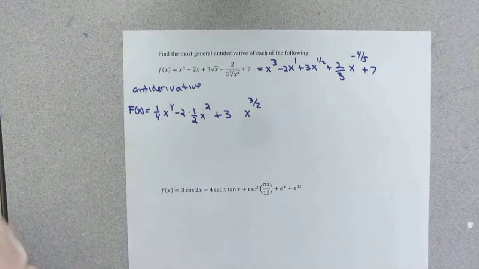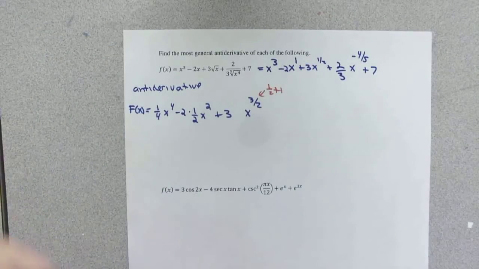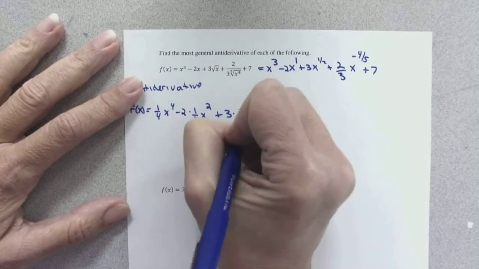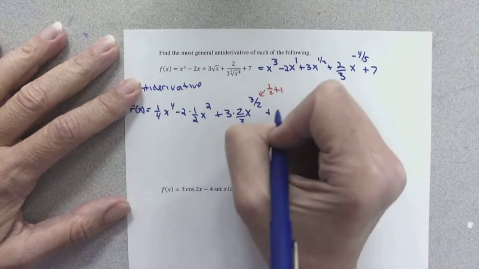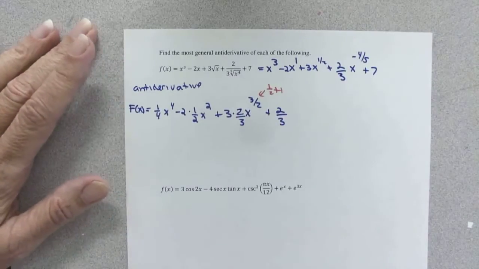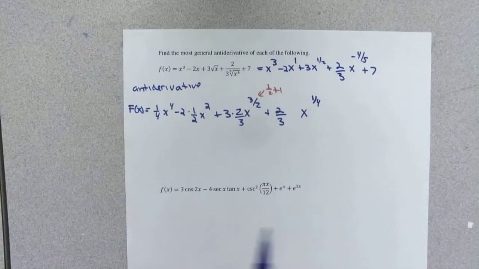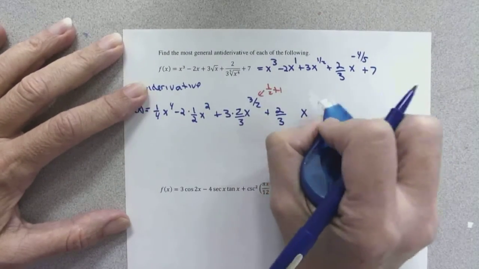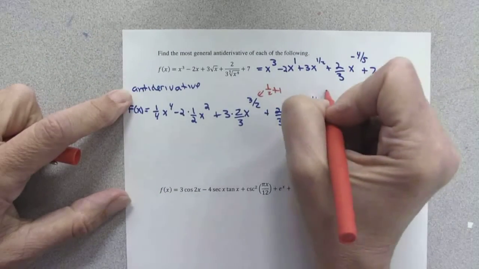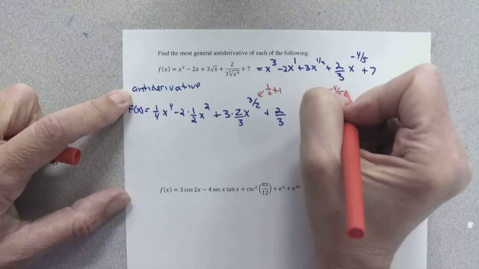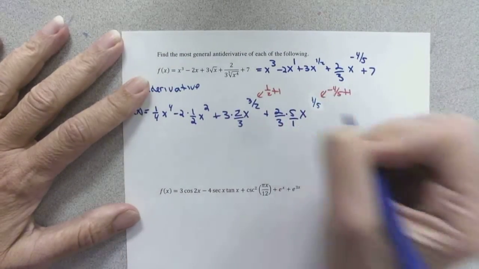Increase the exponent by 1, 3/2. So that was 1/2 plus 1. Multiply by the reciprocal of the new exponent. 2/3 is a coefficient, just write it down. Increase the exponent by 1. Multiply by the reciprocal of the new exponent.